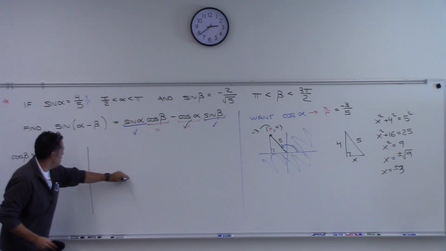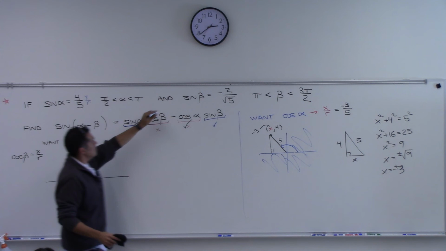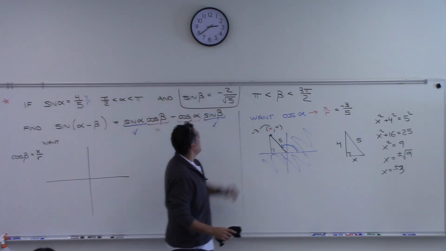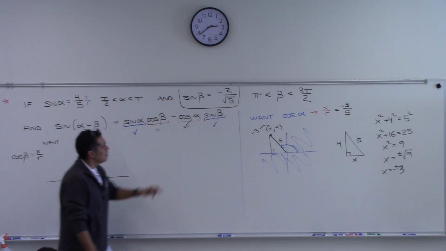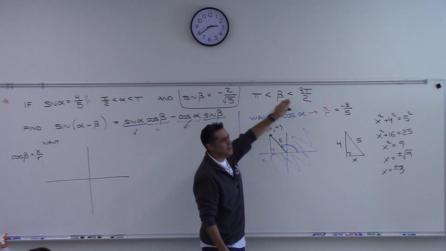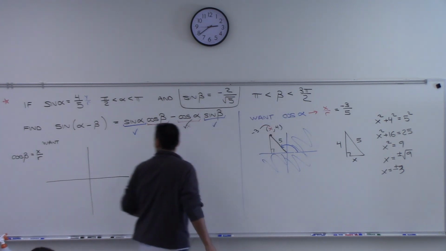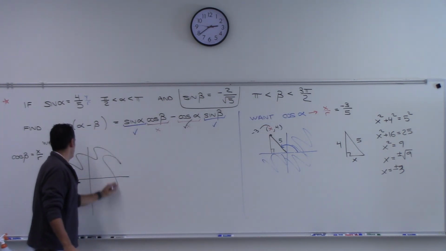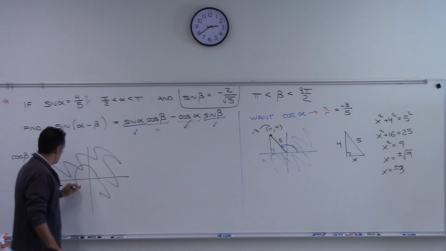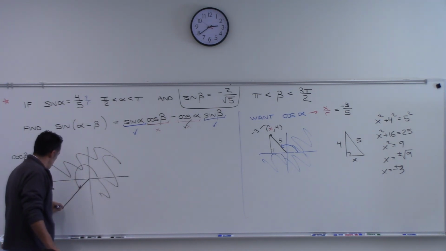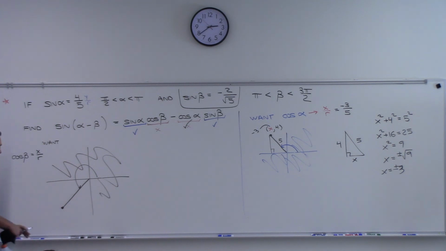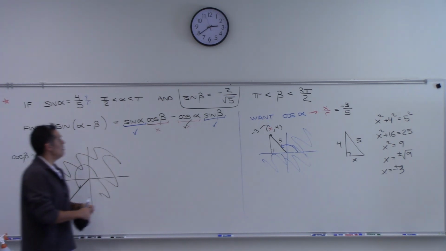But we're talking about beta right now, right? We're given sine of beta. We're given that it's negative, and we're given that we're in between pi and 3 pi over 2. So we're given that we're somewhere over here, right? And sine, by definition, is the y over the r, right?